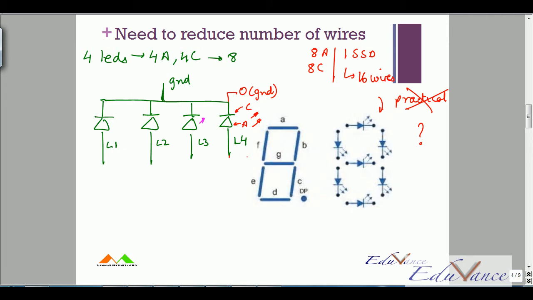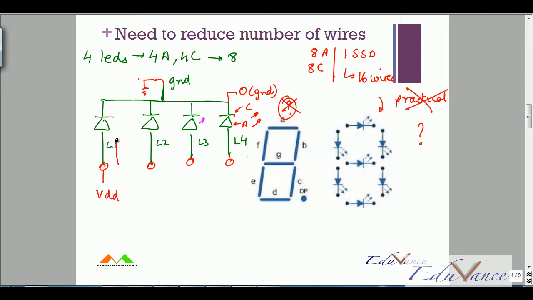I leave all the 4 anodes open. Will my LEDs glow? So if I connect this to ground, that is 0 volts, that is all these cathodes, that is cathode 1, cathode 2, cathode 3 and cathode 4, would any of my LEDs glow? The answer is no, they would only glow if I connect this to VDD.